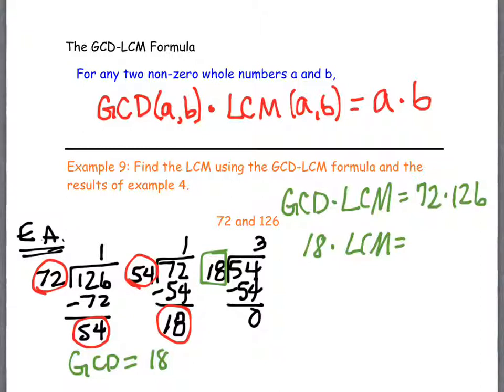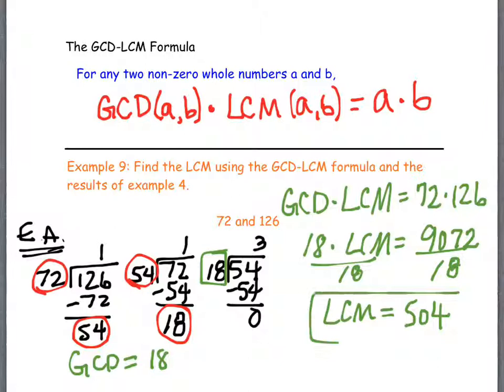What'd you get, Becca? 9072? Okay. How do I find the least common multiple then? Divide each side by 18. Thank you, Hannah. So, Becca, can you do that since you did the last piece still in your calculator? 504.